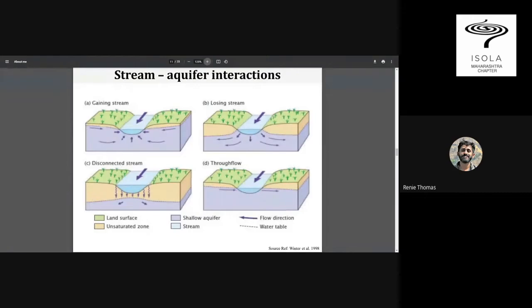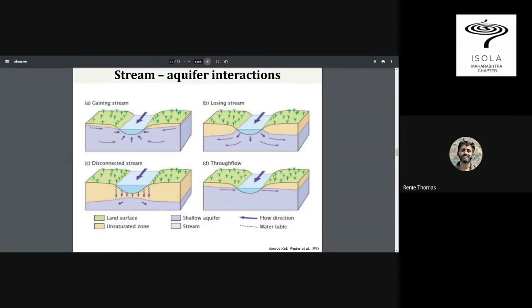So this is a schematic section showing different scenarios. In one, groundwater from the aquifer is feeding into the stream, which is basically a gaining stream. And sometimes when the water table dips down in the aquifer, whenever the stream is flowing, it actually feeds below into the water table.